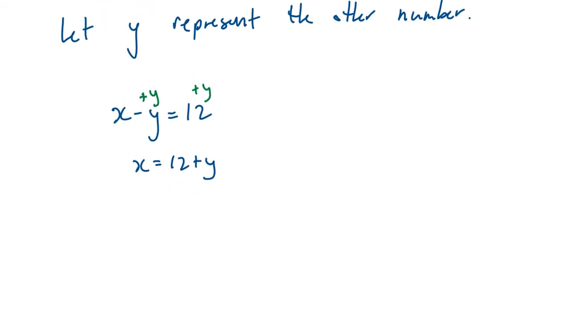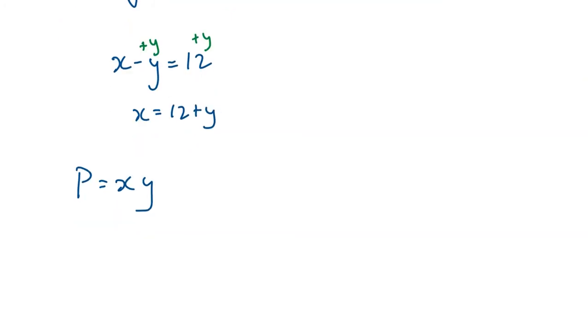So this one again says product. So product is equal to x times y. Now I've got x equals, so I have to sub in for x. And instead of an equation in terms of x, I've got an equation in terms of y.